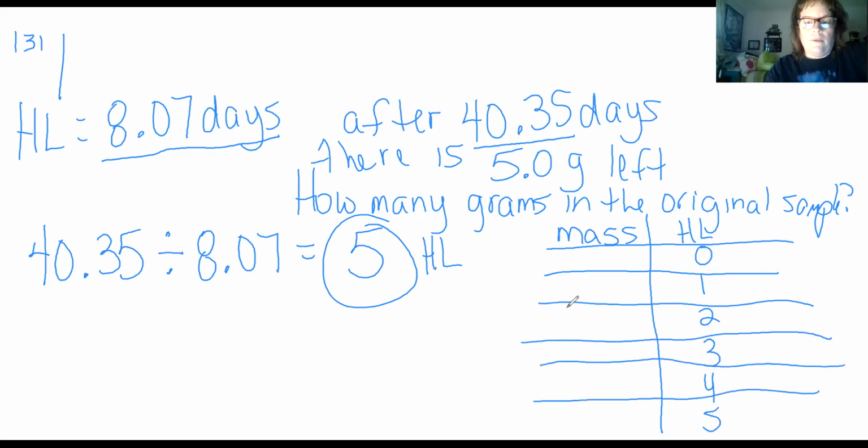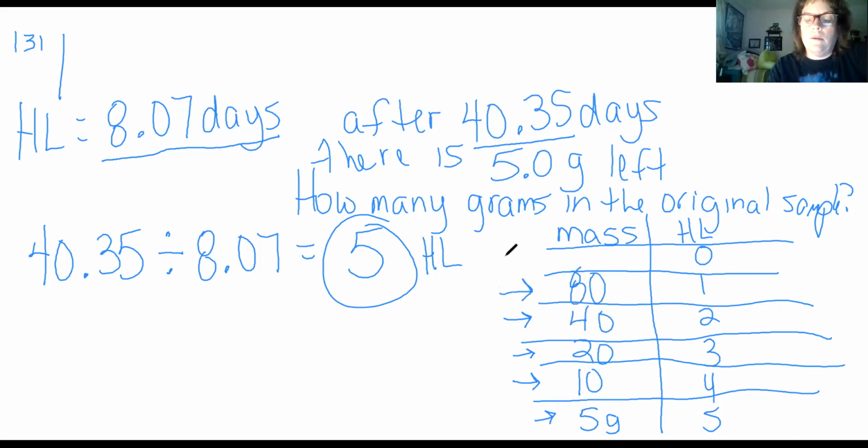All right. It says there's 5 grams left. So we're going to start here, and we have to back our way into it. What do you have to have here to get 5 grams? It's 10. And what do you have to have to half it to get 10? That's 20. What divided by 2 equals 20? That's 40. What divided by 2 equals 40?